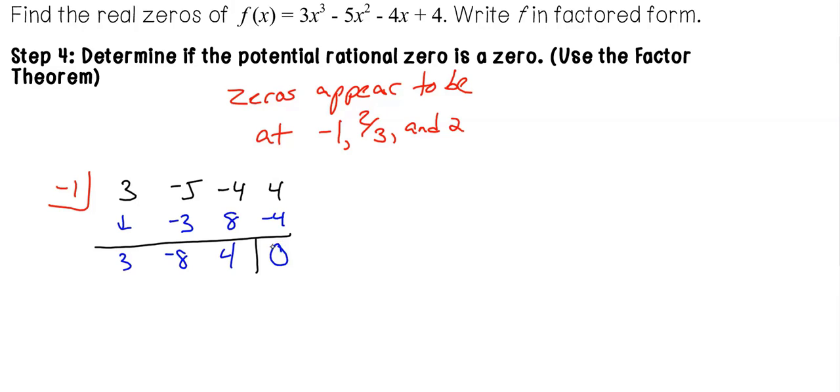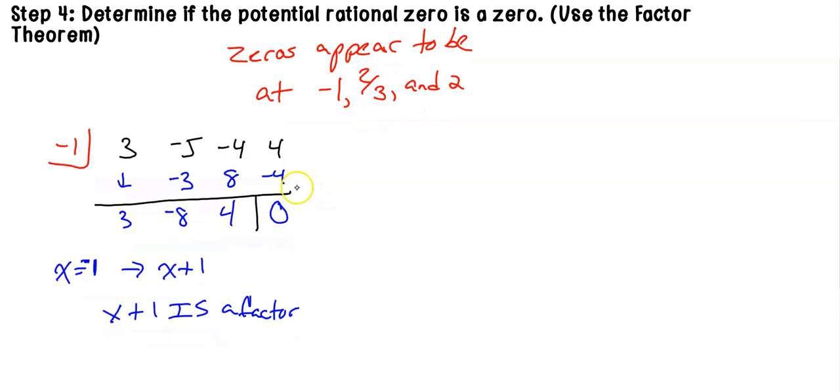So we know that when x equals -1, it really means x plus 1. So therefore, x plus 1 is a factor. Okay, so that is a factor in our equation.